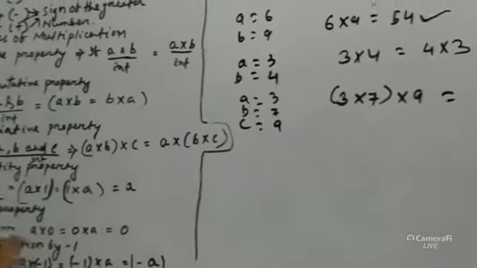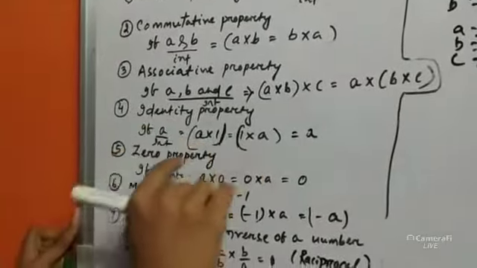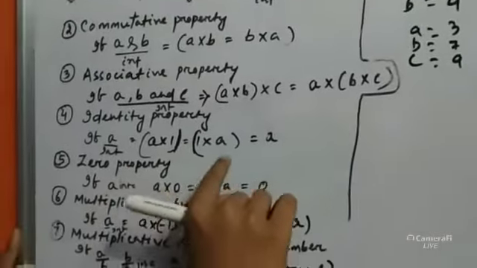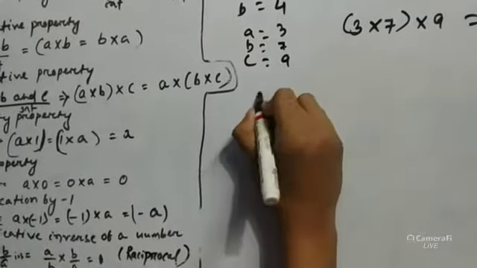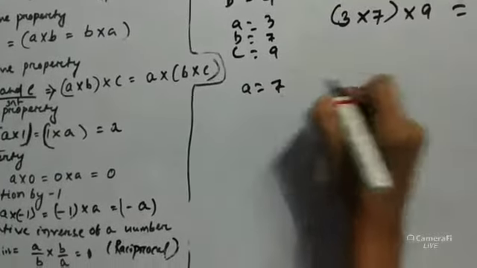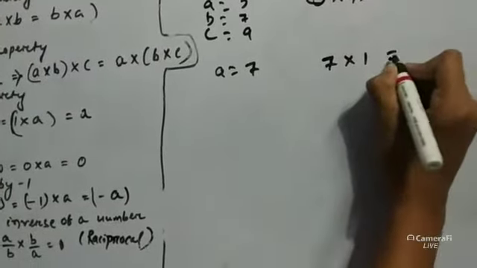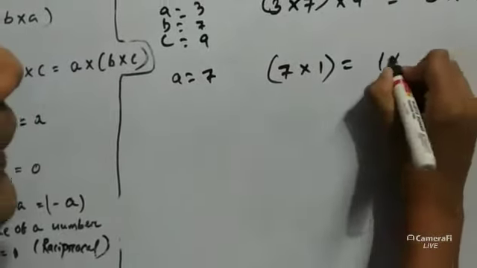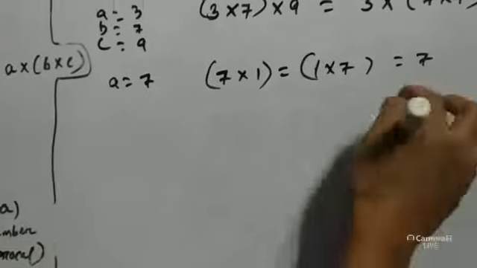Okay. Now we'll go for identity property. If a is an integer, then a into 1 equals 1 into a equals a. Let a equal 7. Then a into 1, 7 into 1, equals 1 into a, then 1 into 7 equals 7.